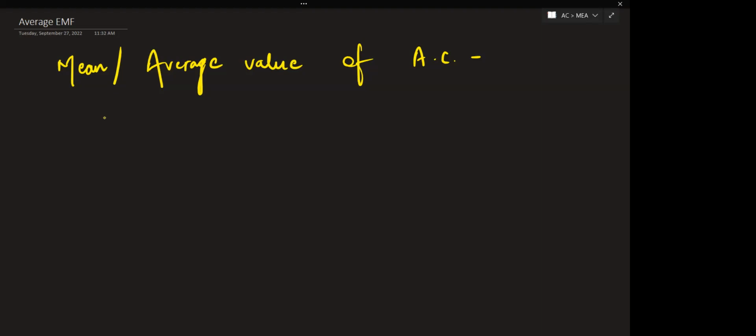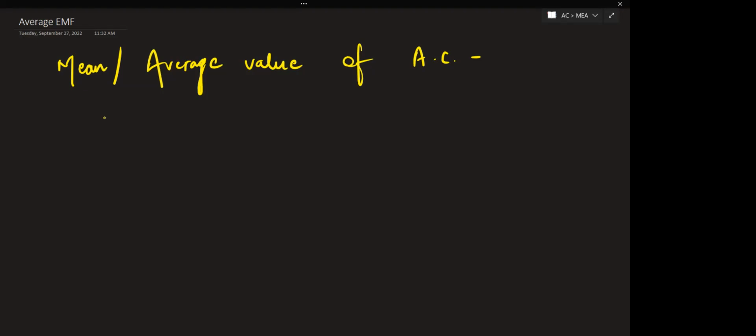Different values of EMF will be obtained at different times. For example, at t equal to 0, I'll have a certain value of current. At t equal to 2 seconds, I'll have a different value of current. At t equal to 5 seconds, another different value of current. But how will I say what is the net current of the circuit? Until and unless I calculate the average of all the currents that I'm obtaining in the different intervals of time. So that mean value we are trying to calculate.